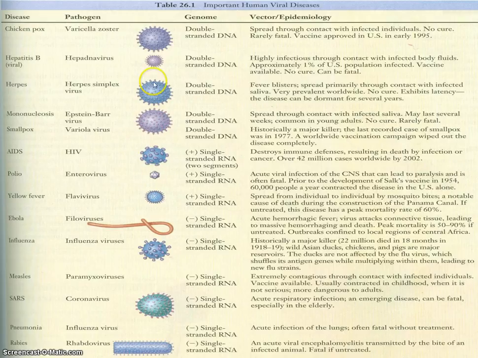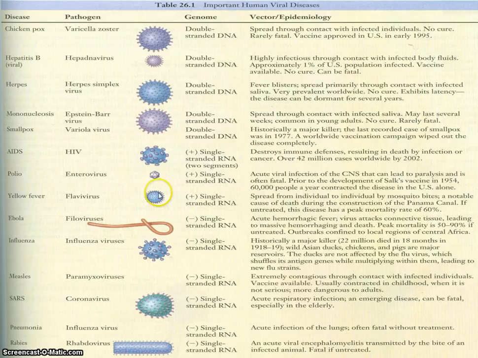Polio. Now we have a vaccine for polio that hasn't changed in a long time, but it doesn't mean that it couldn't. Yellow fever, Ebola, the flu virus. Why do we have to get a vaccine for the flu every year? And sometimes it works and sometimes it doesn't. It has the ability to change because of its RNA structure. It's single-stranded. It's not locked in place like the genetics of the DNA viruses. RNA has that ability to change.